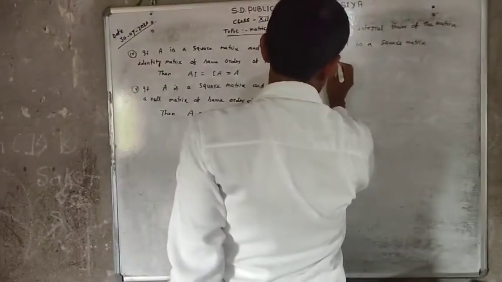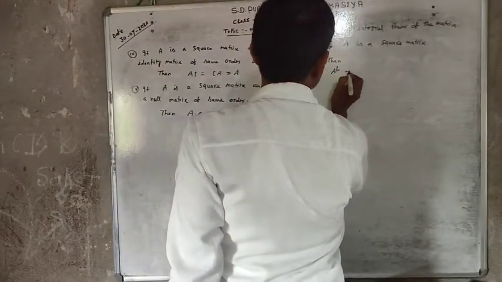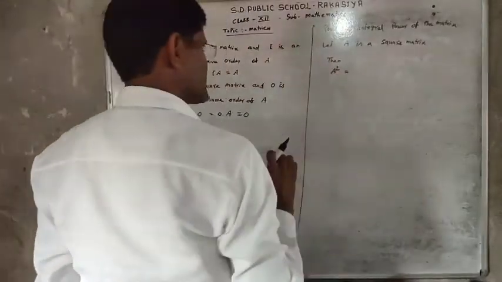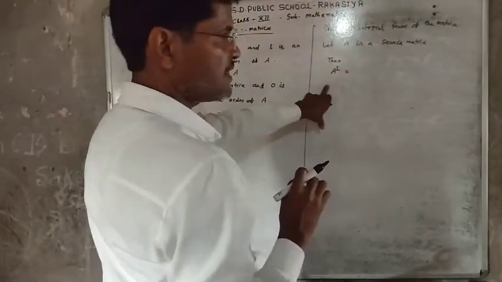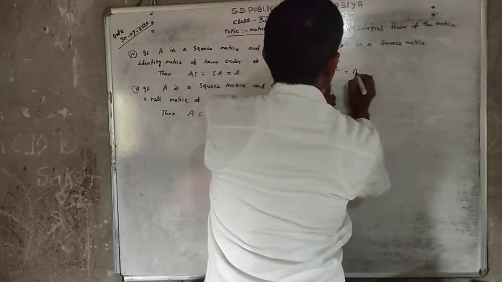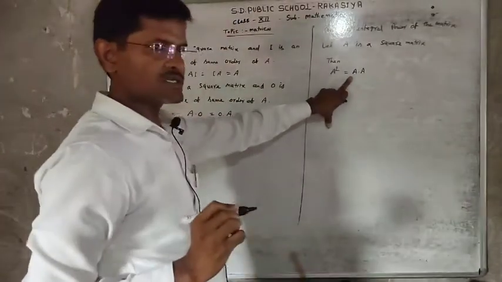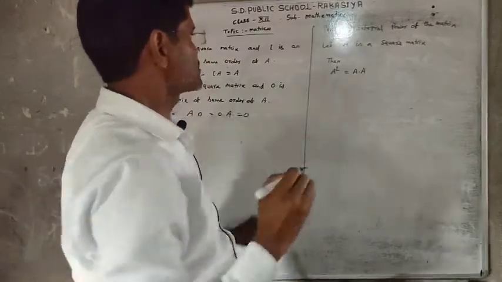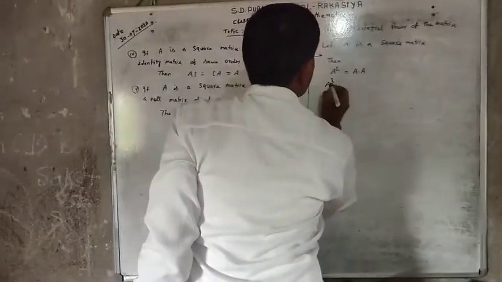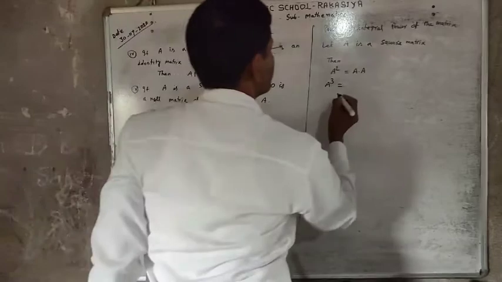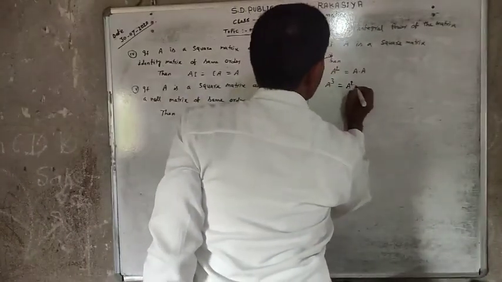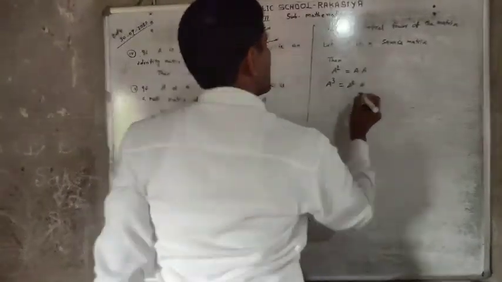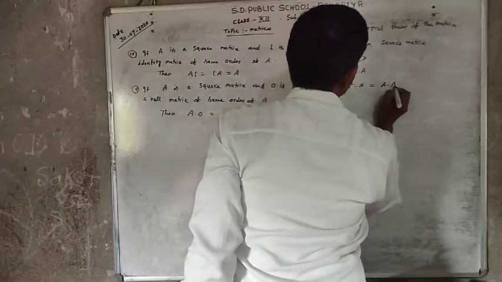Then A square, the integral power 2 of matrix A, is equal to A into A, meaning multiplication of matrix A with itself. If we find A cube, then we have to find A square into A or A into A square.